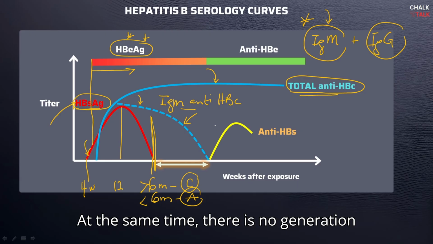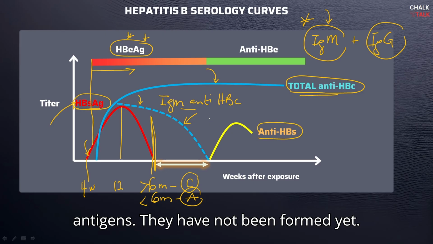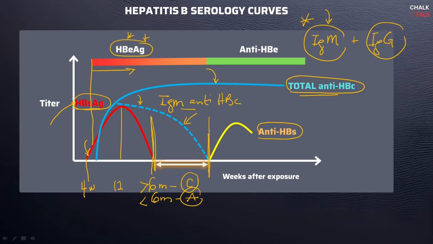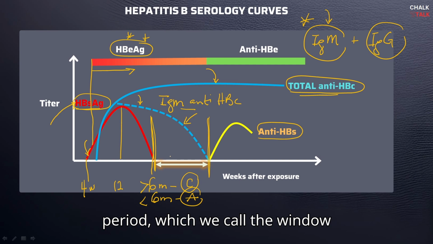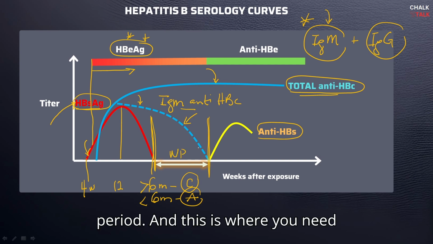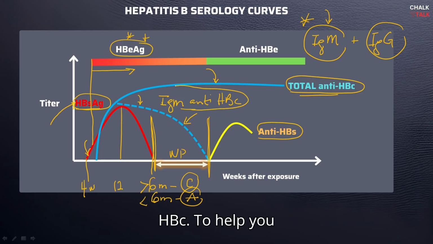At the same time, there is no generation of antibodies towards the surface antigens. They have not been formed yet. So it is going to be hard for us to detect acute hepatitis sometimes in this period, which we call the window period. And this is where you need immunoglobulin M anti-HBc to help you with that.